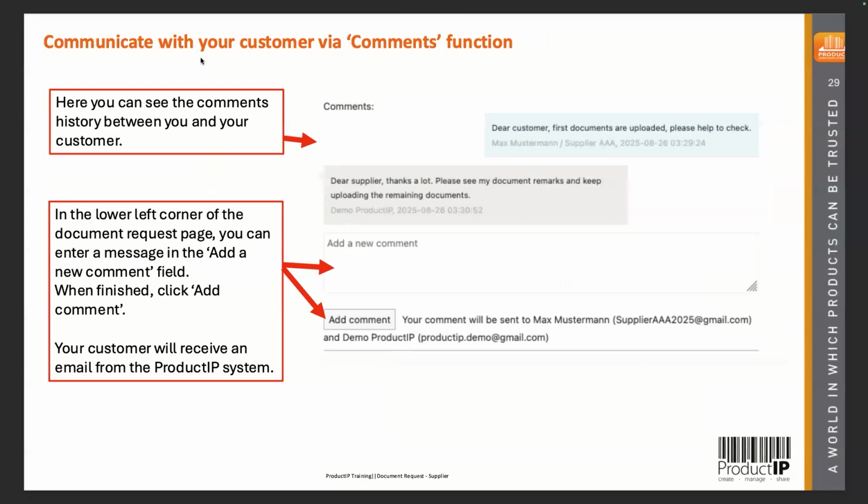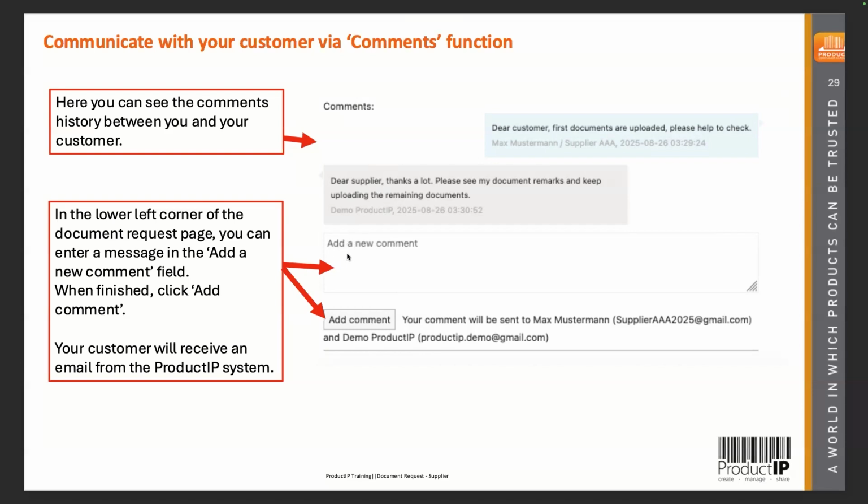How to communicate with your customer? You can use the comments function, which is in the lower left part of the document request page. Here you can see the communication history between you and your customer.